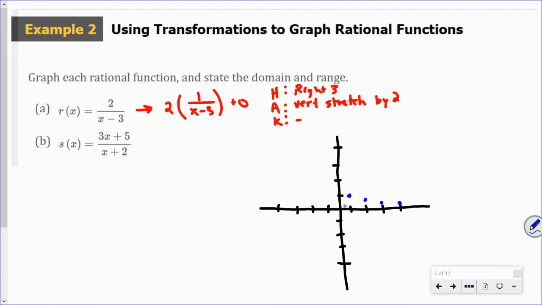And then a half, 2, a third, 3, a fourth, 4. And then -1, -1, and it's all the same points just in this quadrant. A half is at -2, a third is at -3, a fourth. So we've got all of these points. I'm going to draw this dotted because that's my parent function.